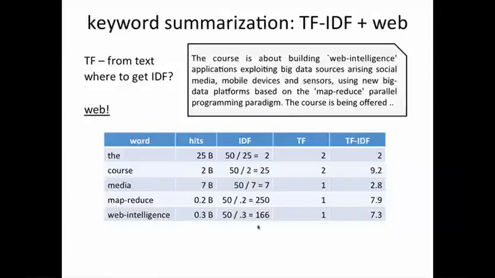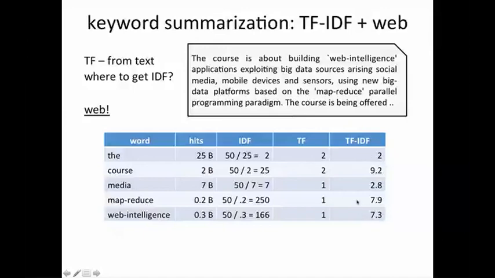We compute the ratio of the number of hits with 50 billion, which is our estimate for the total number of documents on the web, to get the IDF before taking logs. Then we take the log, multiply by the frequency of the term in the paragraph itself, and we get the TF-IDF value. Well, here log of 2 is 1, obviously, and so you multiply by 2 and you get 2.